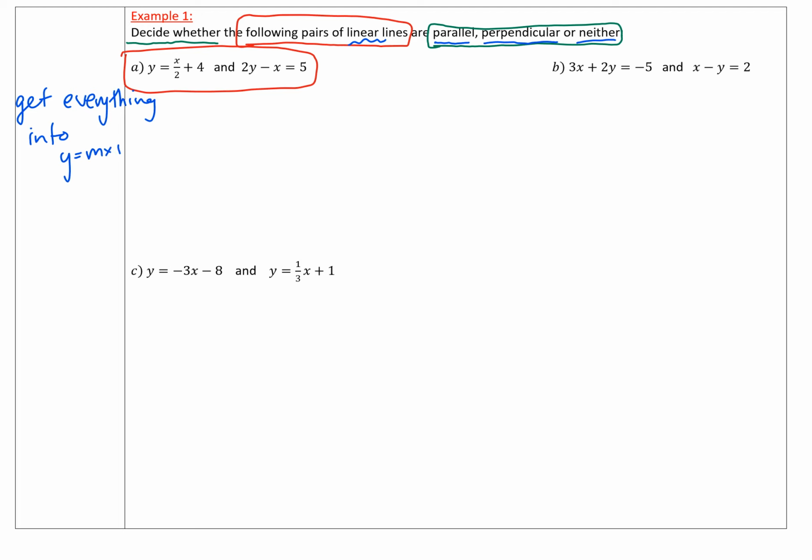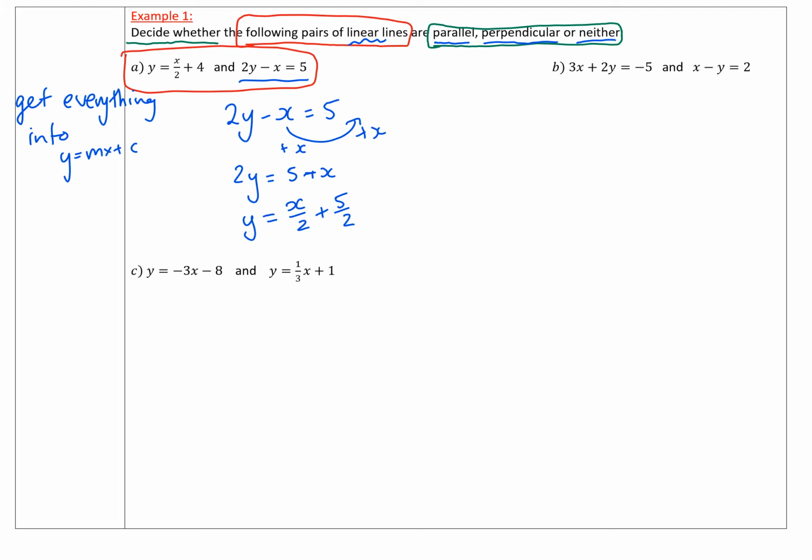The first one is fine, but the second one needs some manipulation. 2y minus x equals 5. If I add x to both sides, then 2y equals 5 plus x. If I now divide each component by 2, then we get y equals x on 2 plus 5 on 2.